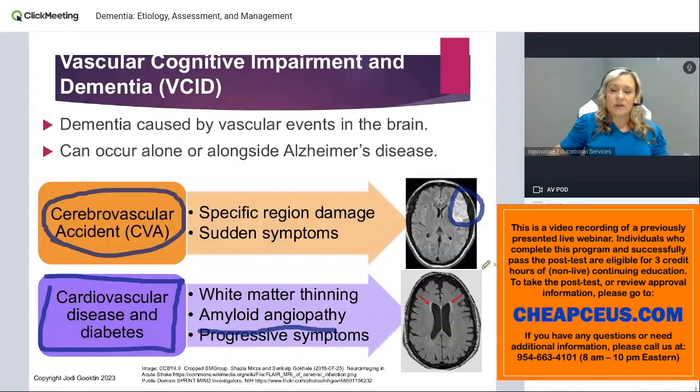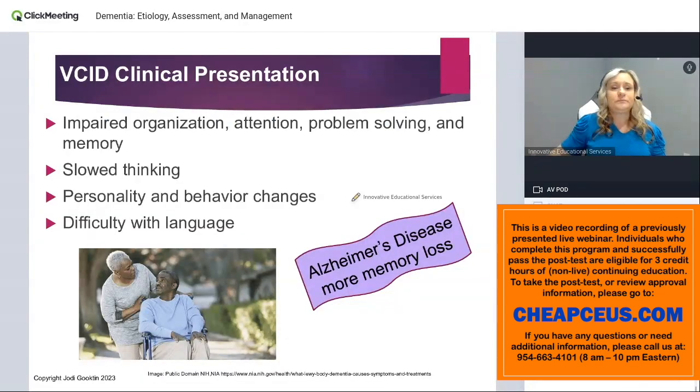Specifically, what's noted at the tips of those red arrows is there's white matter thinning that is occurring. There's axonal changes, and these plaques and changes seem to happen in the areas that are related to cognition. So, again, exercise managing cardiovascular disease can help.